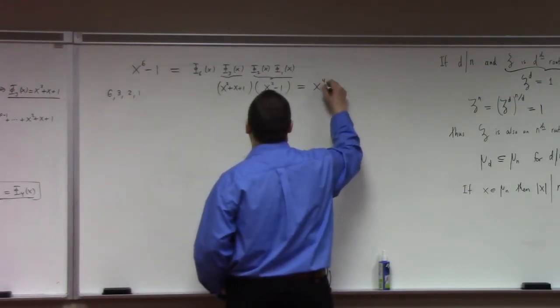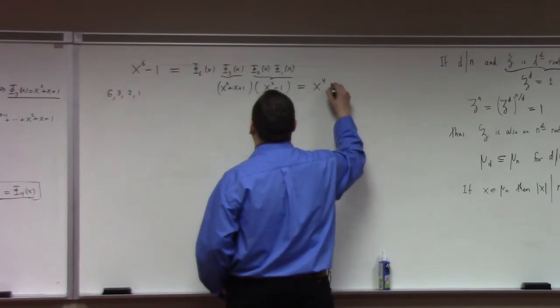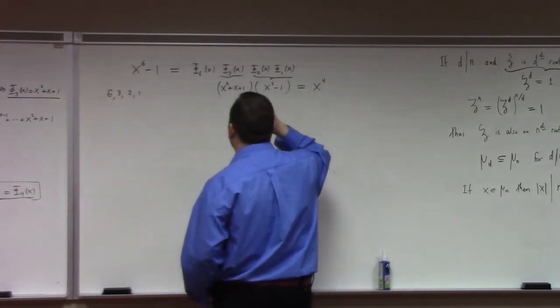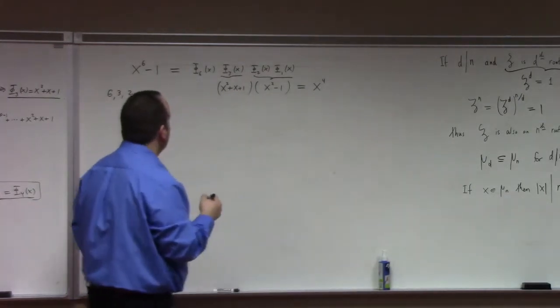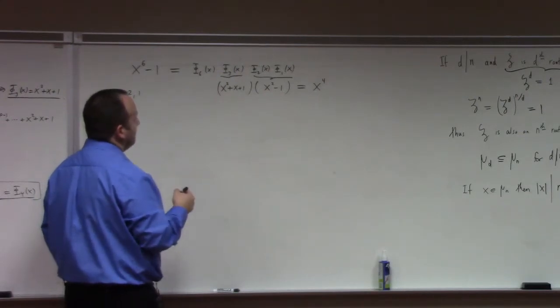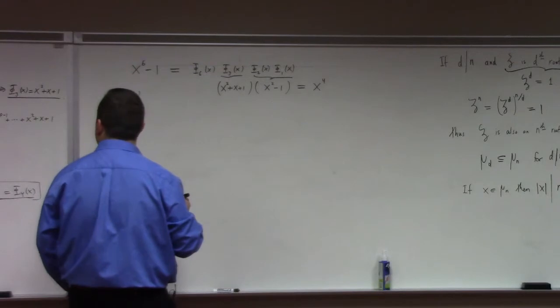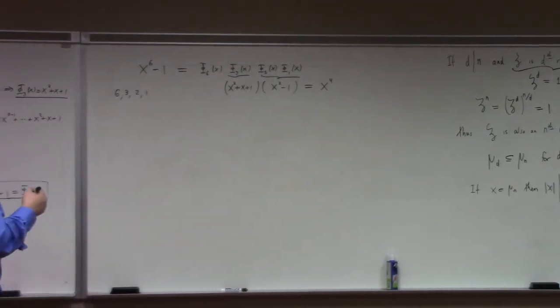X to the fourth. Oh, you know that x cubed minus 1 is x minus 1 times phi 3.